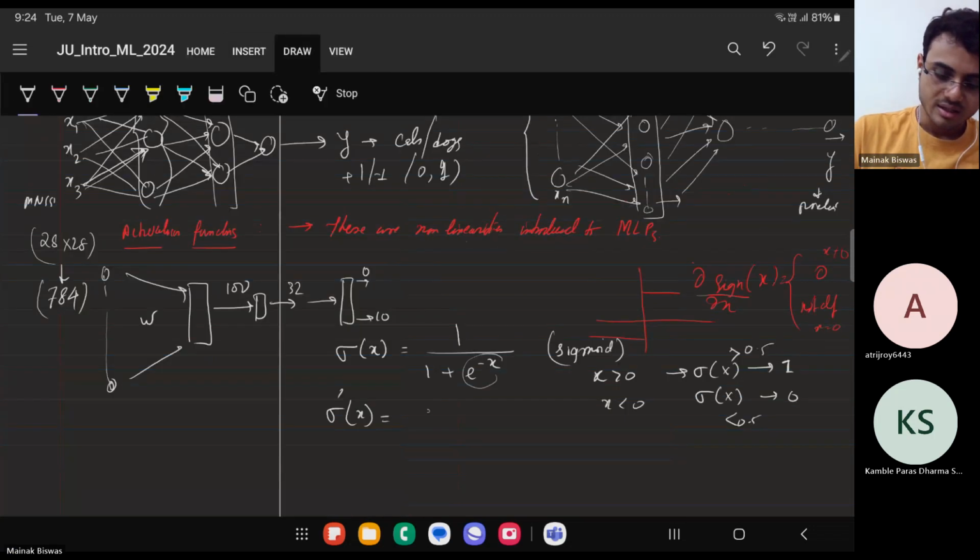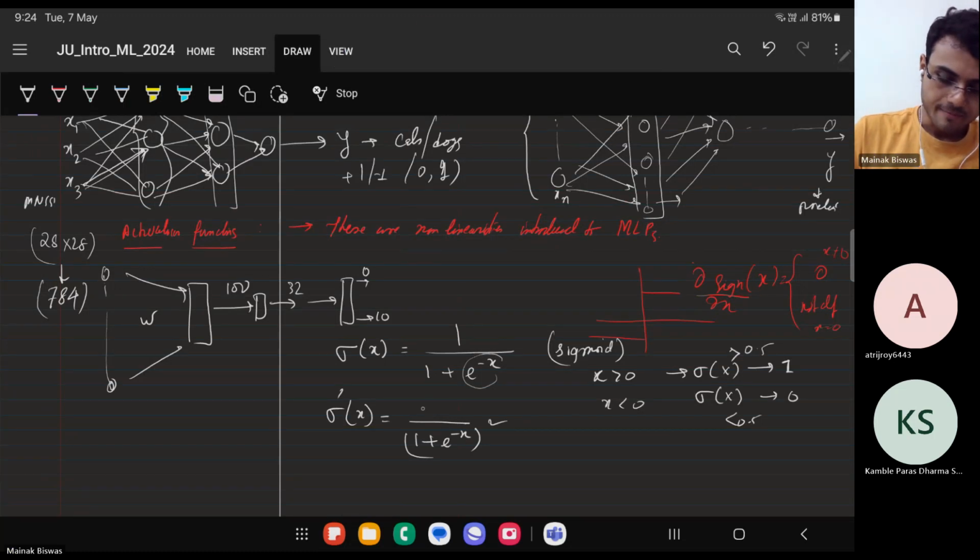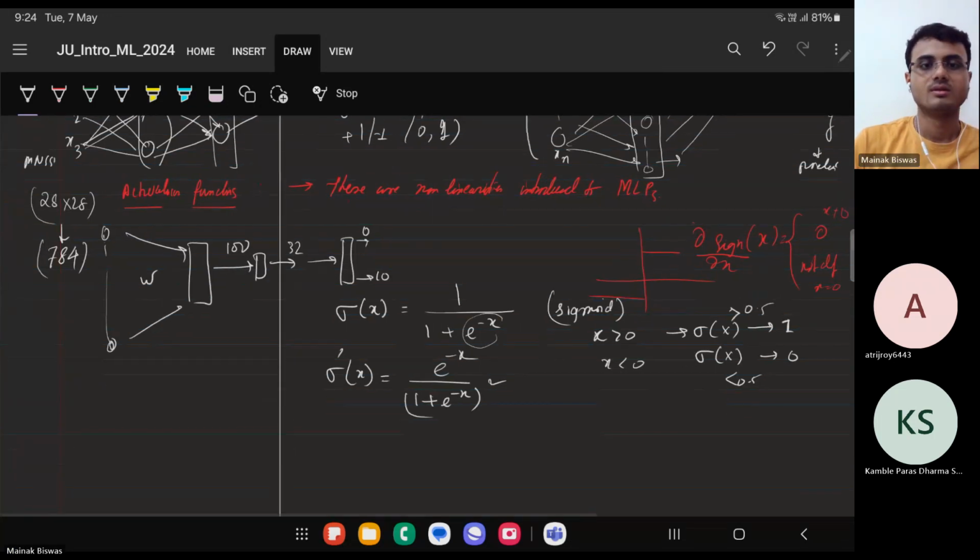You'll get 1 over (1 plus e to the power minus x) squared times e to the power minus x. Yes or no?